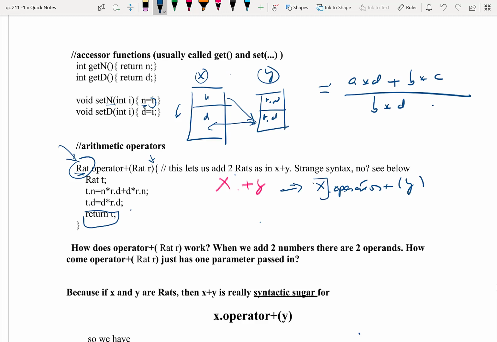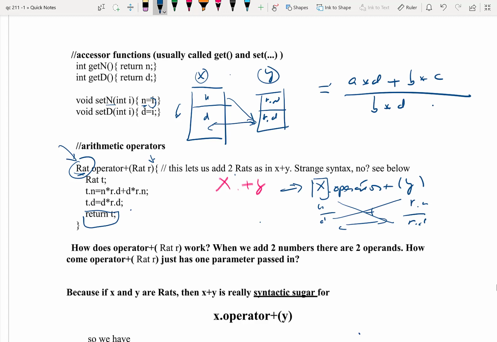So x is the left-hand side, so I can explicitly use the n and the d, and over here, coming through r, it's going to be r dot n and r dot d. When I add them I'm going to get a rat out of there, and I just do the cross multiplication this way and that way. And that's what this thing does. And when I return a t, it's going to give me the right value.